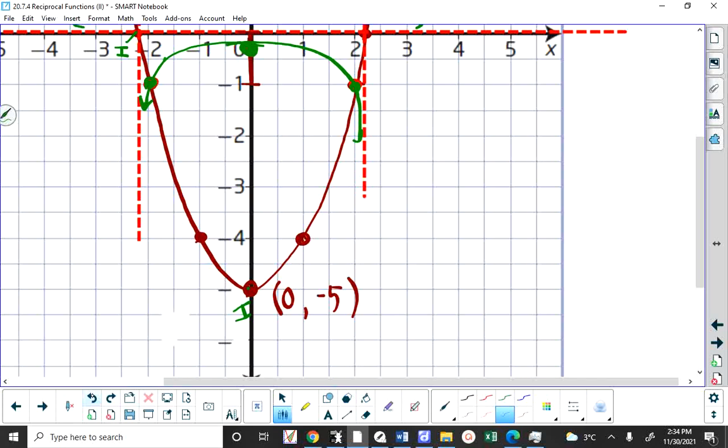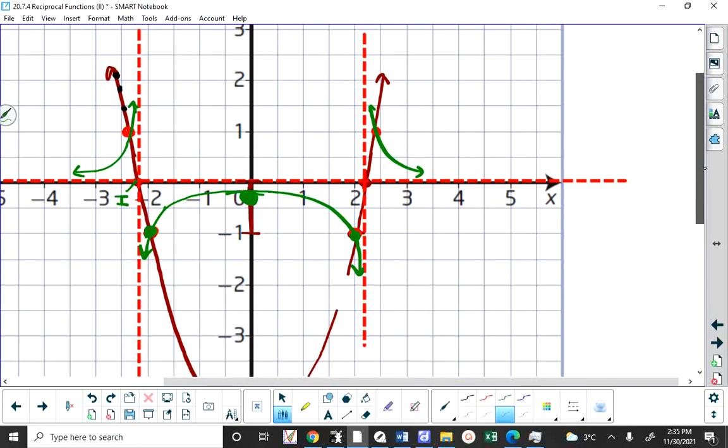And that's what the reciprocal of that quadratic function would look like. Any questions with the graphs?